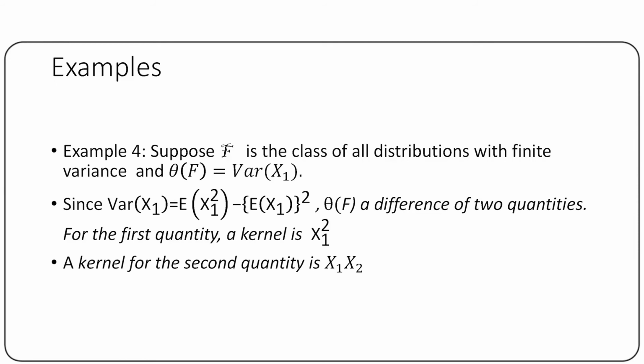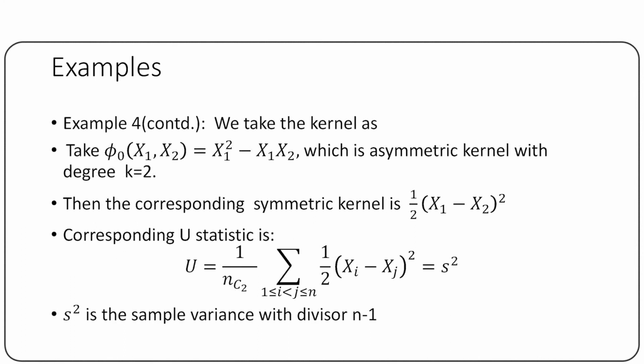Now, observe that the variance of x1 can be expressed as the expected value of x1 square minus the square of the expected value of x1. Therefore, theta f is the difference of two quantities. Now, for the first quantity, a kernel is x1 square and a kernel for the second quantity is x1 x2. Then it is natural to consider the difference, that is x1 square minus x1 x2, as a kernel.